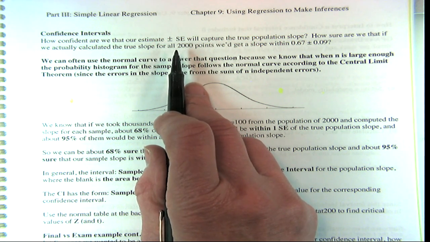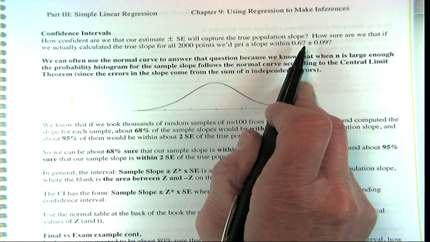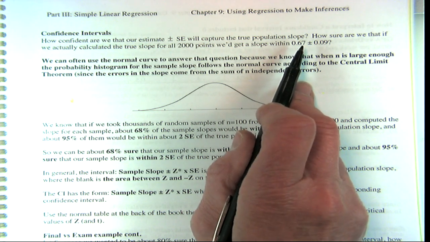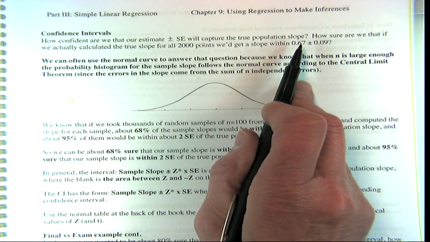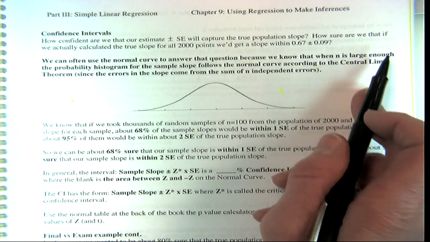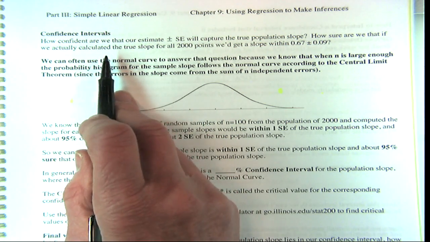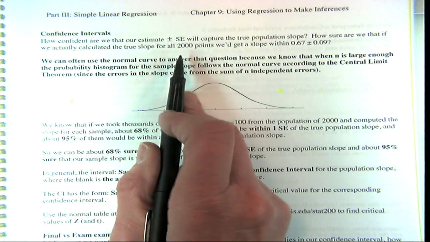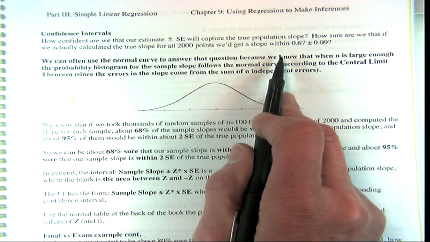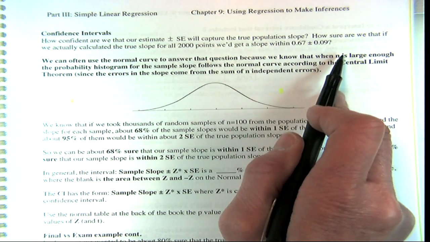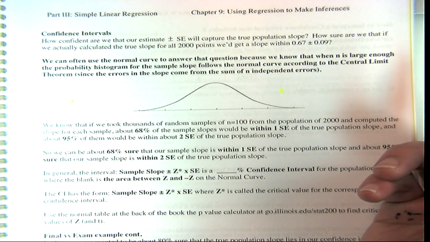How confident are we that the true population slope will lie in that range we just calculated? It's the same thing as saying, how sure are we that if we actually calculated the true slope for all 2,000 points, we'd get a slope within that range? That's what we're trying to answer.